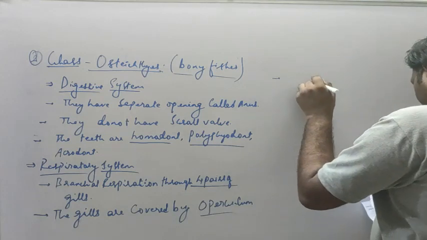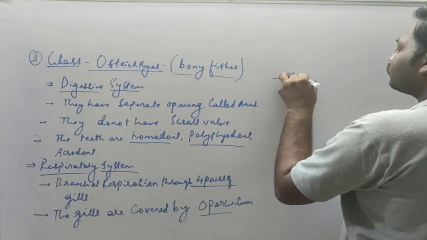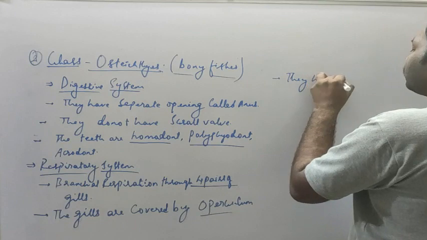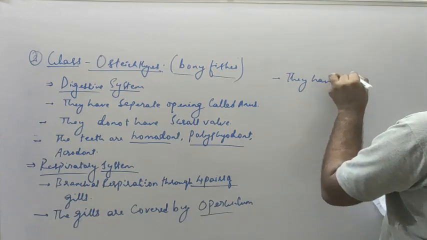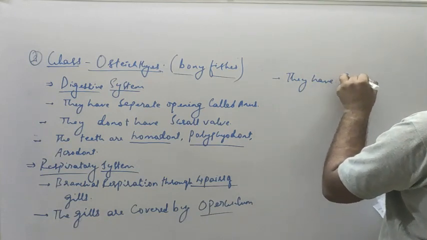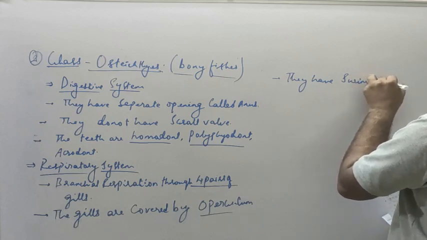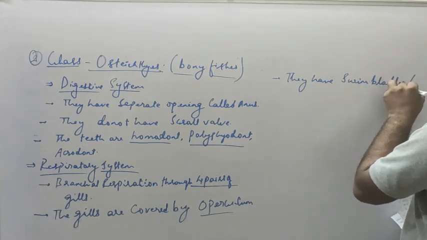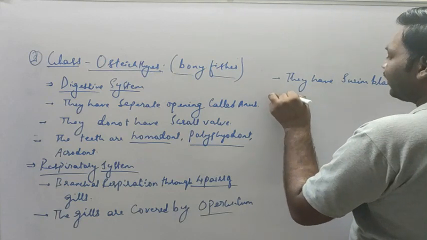Then they have a swim bladder, which is also called the air bladder.